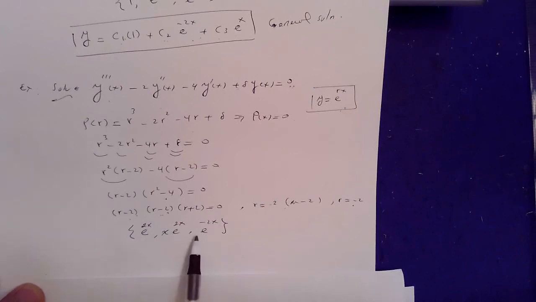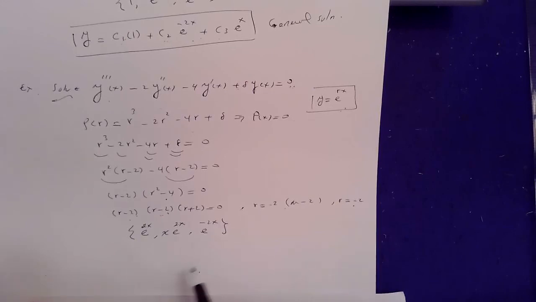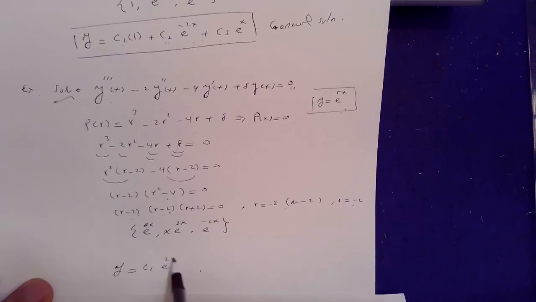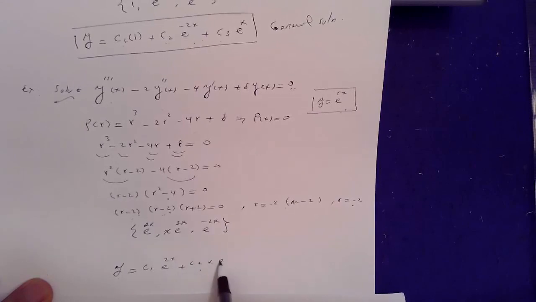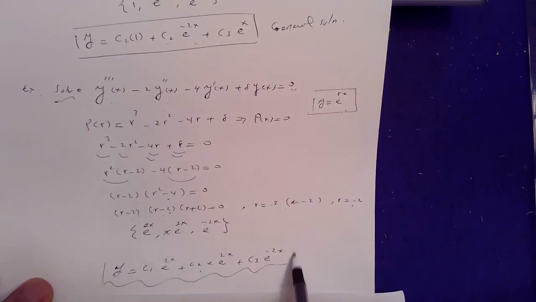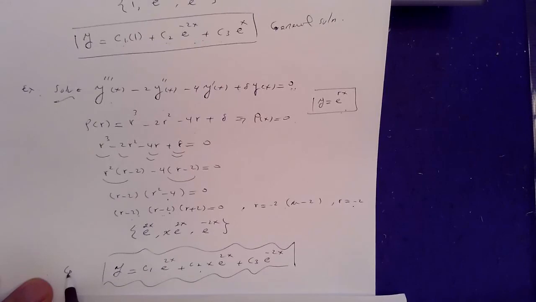But take my word for it, they are linearly independent. But that's not it. We are not off the hook. Now I have to take a linear combination of these and set it equal to y. So the final answer is c1 e to the 2x, c2 x e to the 2x, and c3 e to the -2x. And folks, we got our general solution.